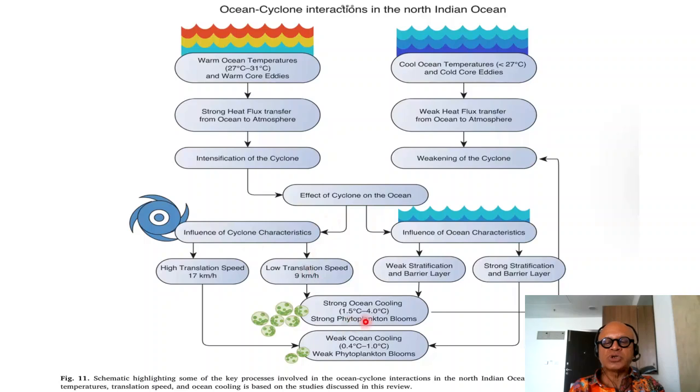So you have strong ocean cooling, 1.5 degrees centigrade to 4 degrees centigrade, as we saw already.